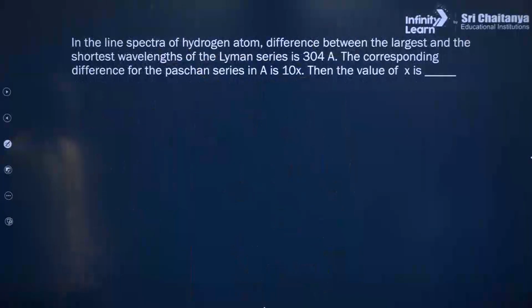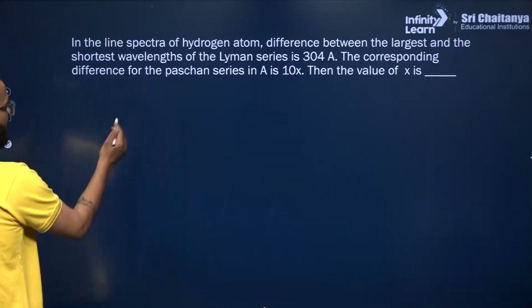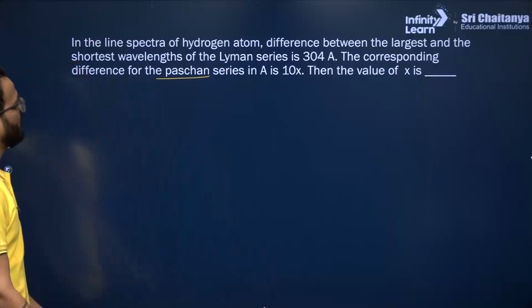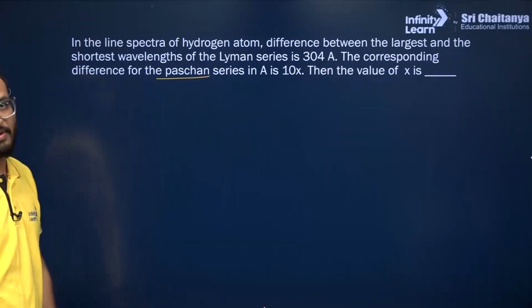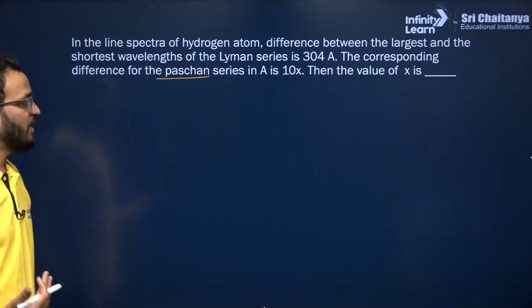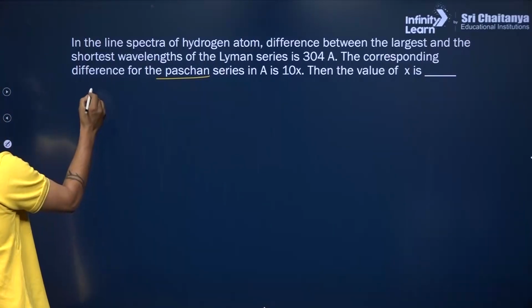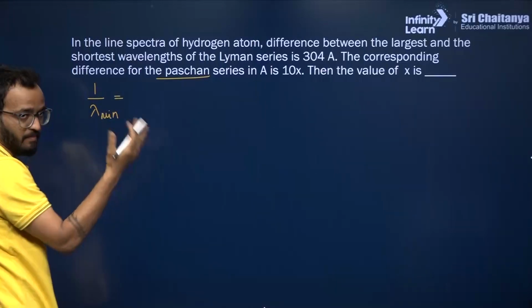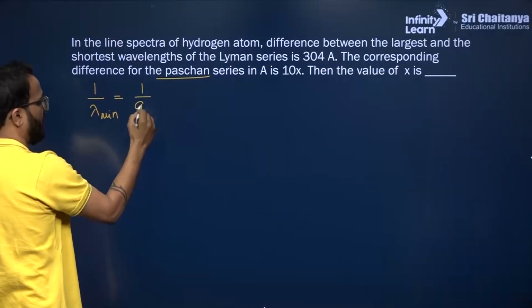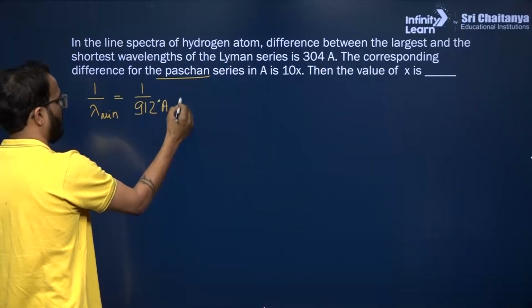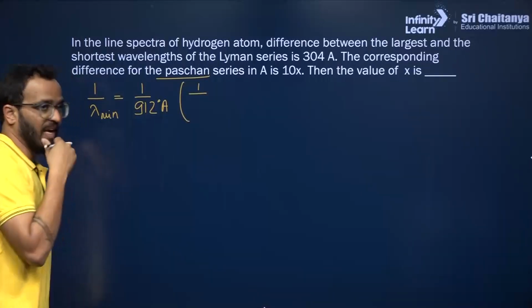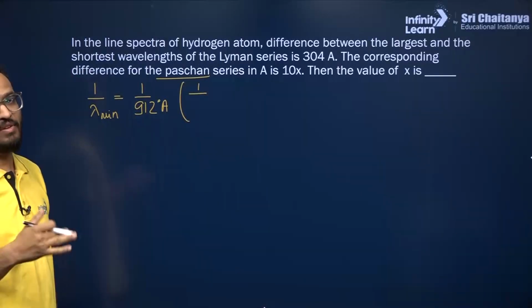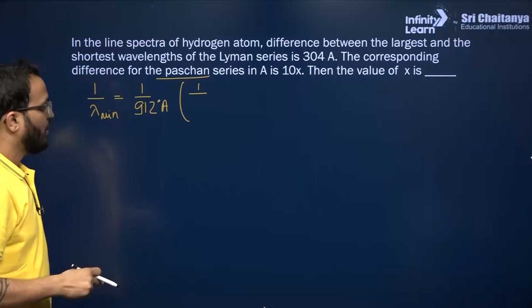Clear? Now in the line spectra of hydrogen, see what is the formula for Paschen series. They want us to find out the difference between the largest and the shortest wavelength. So for lambda minimum we want maximum energy transition. So it is 1 by 912 angstroms into 1 by n1 square minus 1 by n2 square, right?